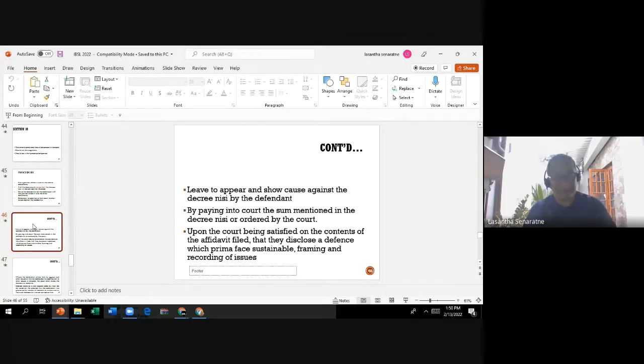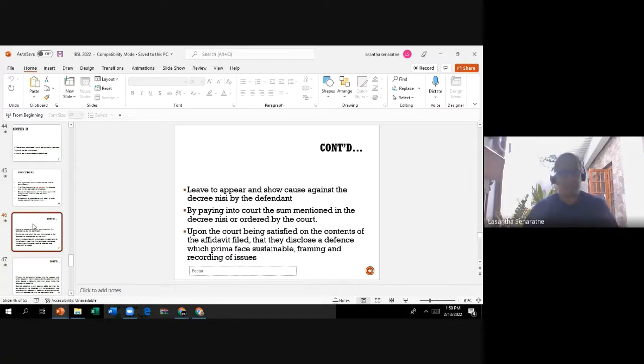But in this particular instance, as soon as the decree nisi is served to me, for me to interfere in the case, I have to pay the amount the court has stated. So it's very clear from the inception itself that you are getting money. It's kept in the court, and then the process is going to be very short.